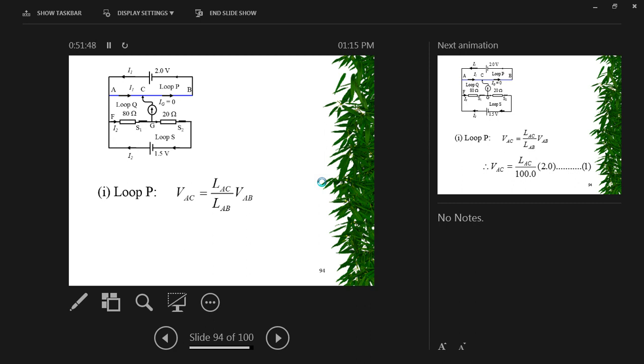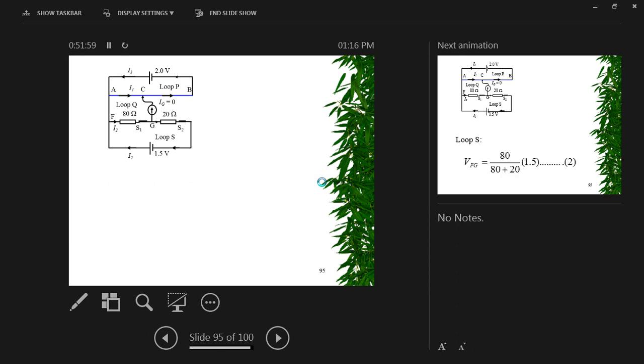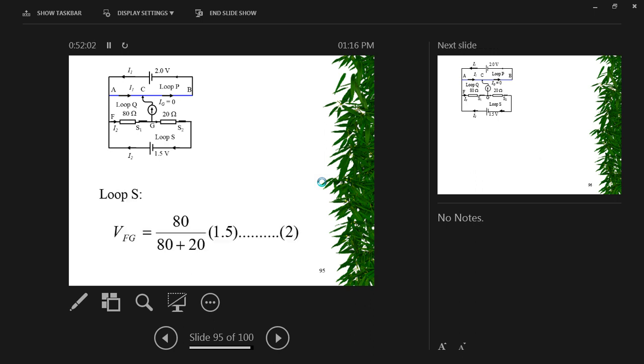That's just a potential divider integral. That's okay? Alright, then let's make VAC the subject and plug in the various quantities, and then this will be equation 1. Alright? So for equation 2, we're going to look at loop S, the branch loop. The potential difference across this resistor is just the resistance of this resistor divided by the total resistance times the EMF, because we're dividing the EMF over these 2 resistors.